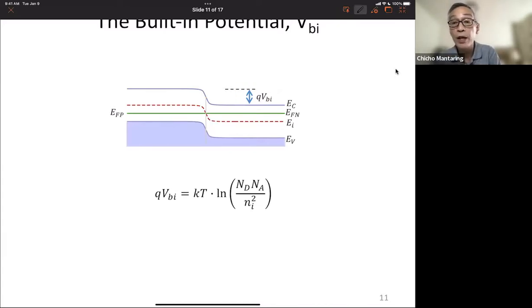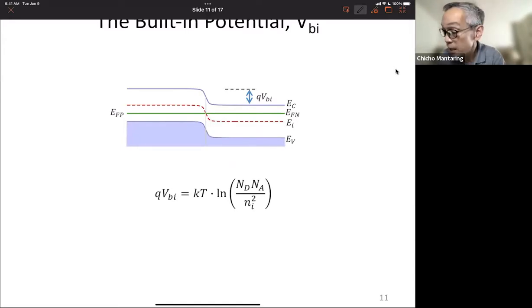To convert voltage to energy, you have to multiply it by charge. Remember that voltage is energy per coulomb, joules per coulomb. So you multiply it by charge to convert it to energy, and the formula for that energy is kT ln(N_D N_A / n_i squared).